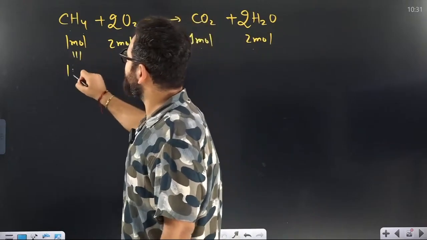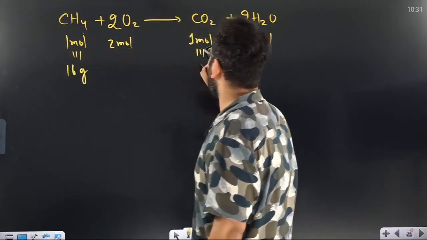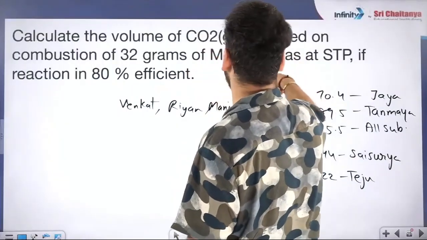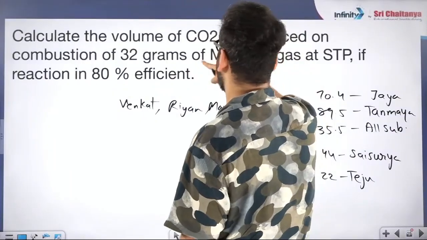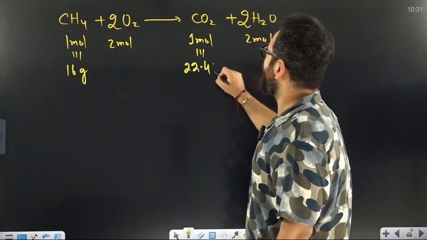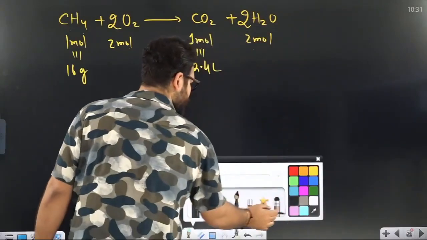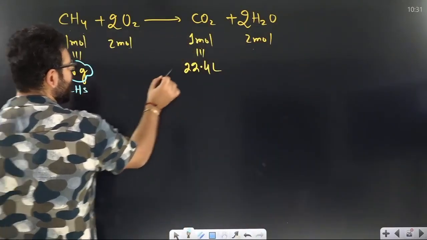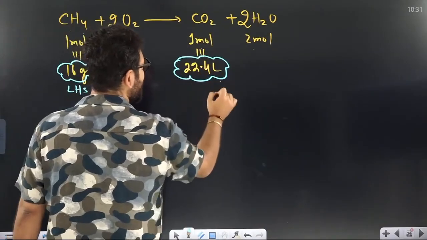1 mole means 16 gram. 1 mole means they are talking about mass or volume. Volume they are asking. 1 mole means 22.4 liter. All right. What is known? What is unknown? Mass of CH4 is known. I'll keep it on left hand side. Volume of CO2 is asked. I'll keep it on right hand side.